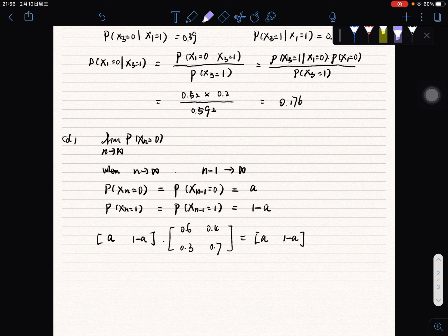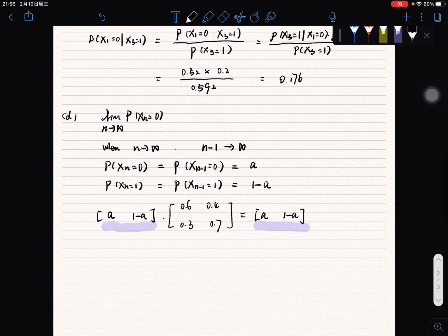And here we know this one is the probability of xn minus 1, and this is the probability of xn.